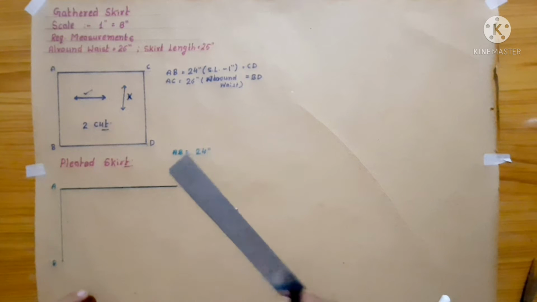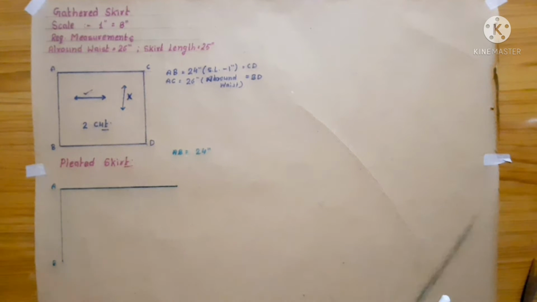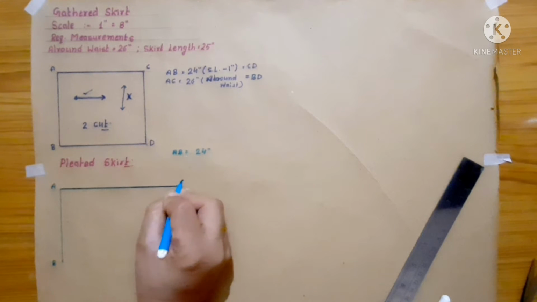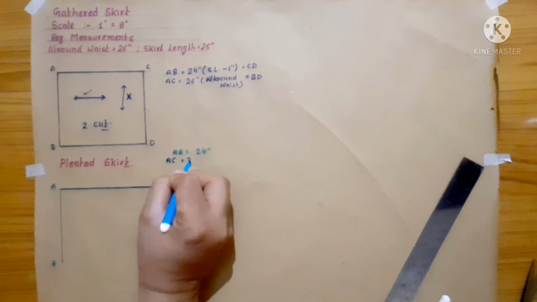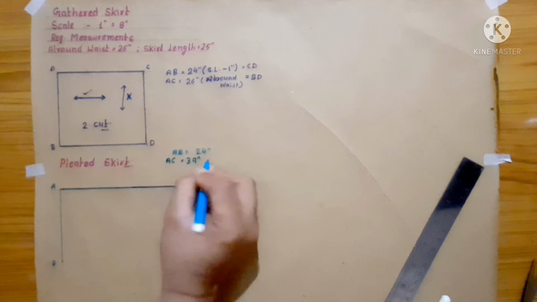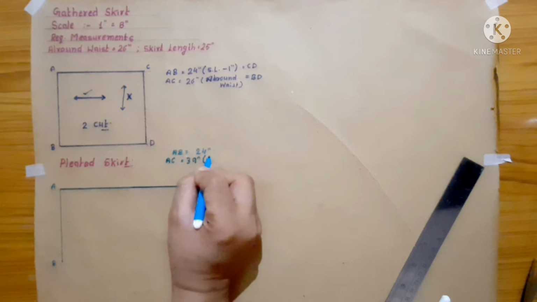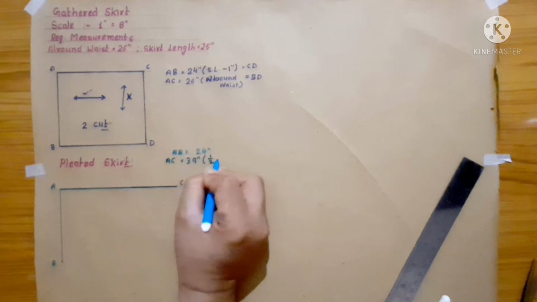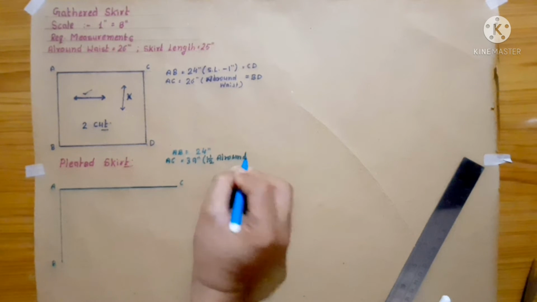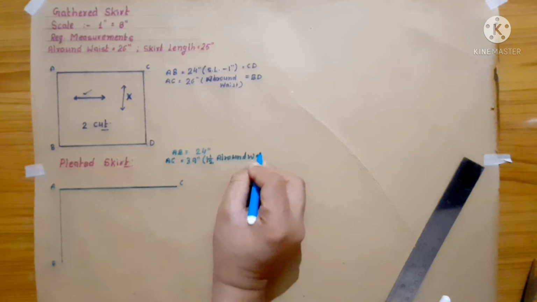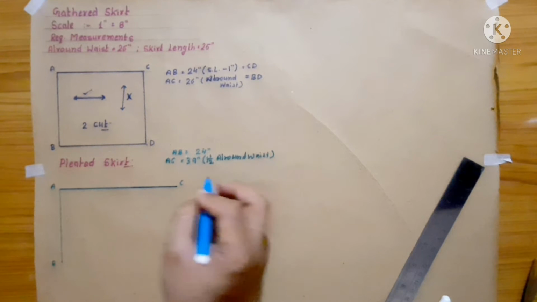This is AC. AC is equal to 39 inches. That means 1.5 times the all round waist.